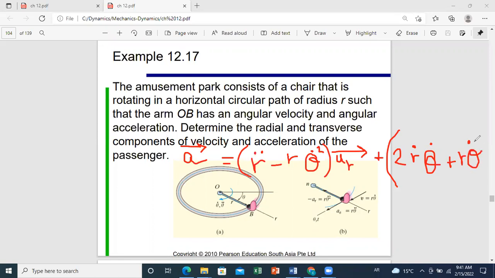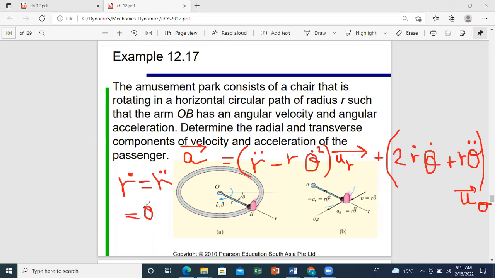Don't worry about these formulas. No need to memorize them. I'll give you a formula sheet. Okay. So this is times U theta. Let us apply now in this case. We already said that for this particular case, r is constant. So r dot and r double dot will be equal to what? Both are equal to 0.